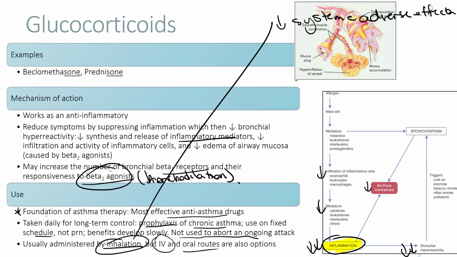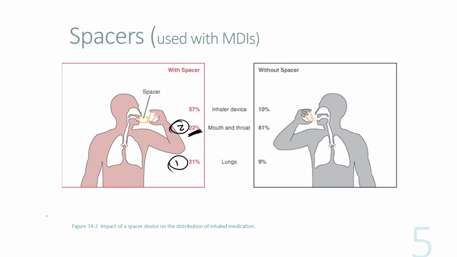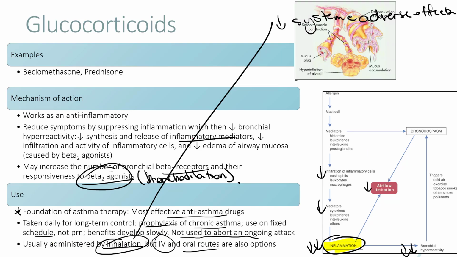If you go back over here, if you actually use a spacer, instead of having 81% of the drug administered stay in the mouth or throat, it goes down to about a quarter of that, to 22%. And it means that the risk of hoarseness and of a yeast infection, fungal infection, actually goes down.